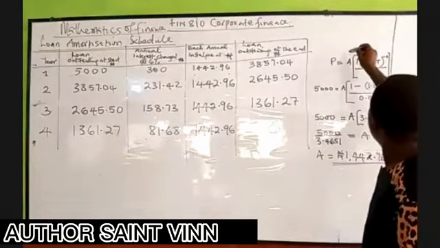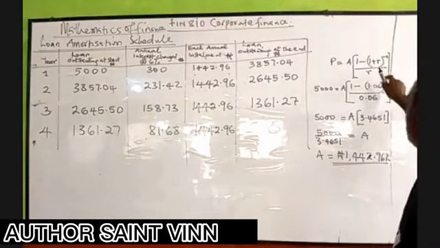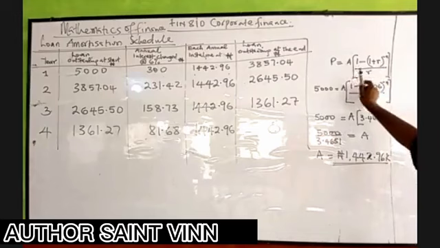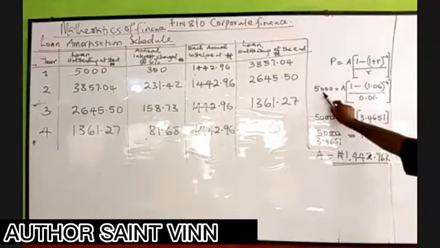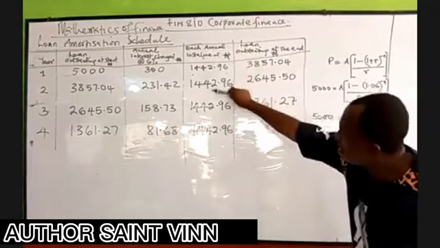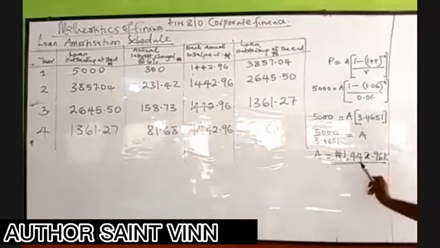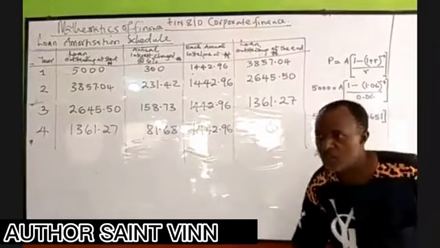This one is the present value ordinary annuity. This is our formula. The present value is the loan. I look for the amount we put in that is the same each annual installment. That's how we got that annual installment.